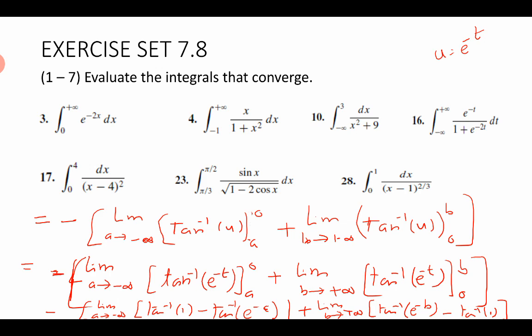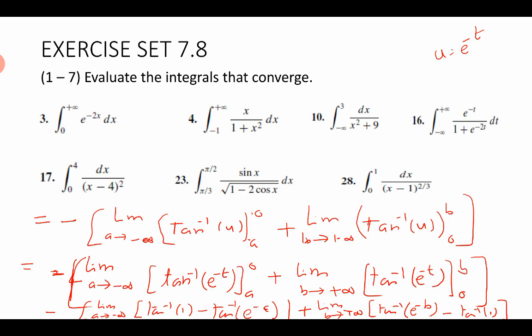So what do you get? In the first term, tan inverse 1 is pi by 4, last term tan inverse 1 is pi by 4, and a goes to negative infinity. This is the next term, isn't it?